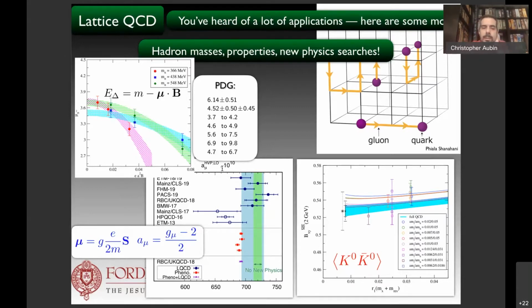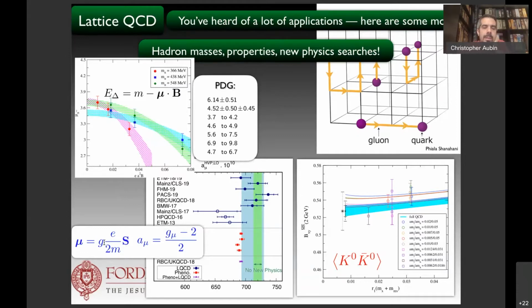In a similar vein, this middle plot here is looking at the anomalous magnetic dipole moment of the muon, a lepton, the heavier cousin of the electron. And again, there's a lot going on in this plot. I'm not going to talk about numbers or results. I just want to state that the magnetic dipole moment is some g factor times the gyromagnetic ratio times the spin.